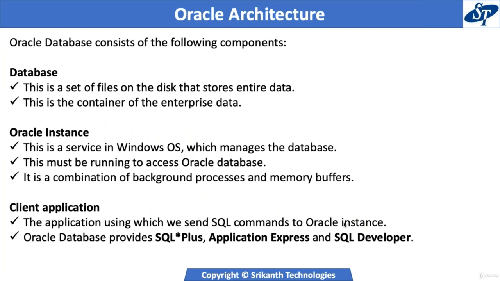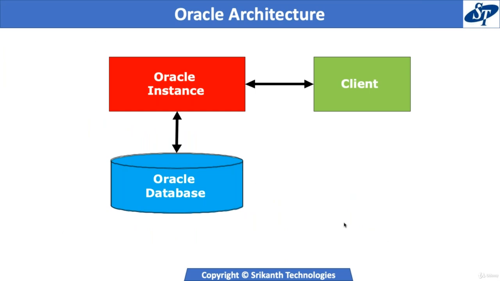And now coming to Oracle. Oracle is having three components, and here are those three components. The database management system is known as Oracle Instance, which is talking to Oracle database, which is on the hard disk. Client is the program that is communicating with Oracle instance.